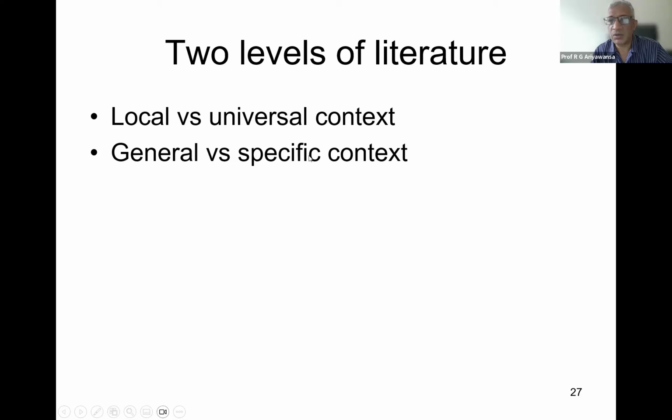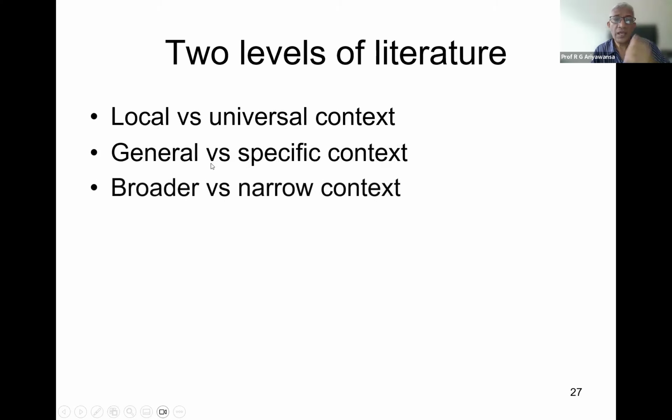From the general market, you have to identify specific problems. From general society, you have to identify specific problems. Likewise, right? General to specific, the same thing, in a different way. And broader and narrow. Broader ideas, broader examinations, broader definitions, and narrowly defined. So you have to narrowly define, right? These are very important ideas that you have to deal with very carefully.